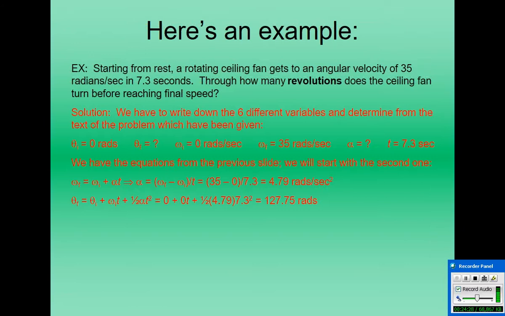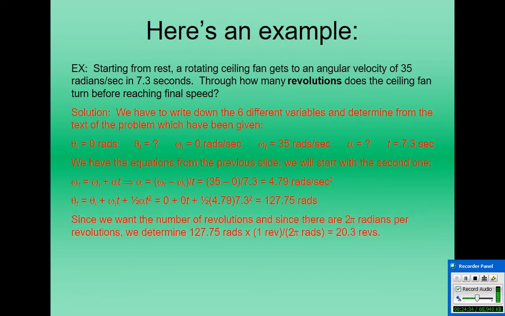So if I want the number of revolutions, I have to take the number of radians and divide by 2 pi. 1 revolution is equivalent to 2 pi radians. So if I start with radians, I divide by 2 pi, I get the number of revolutions, and in this case, I get 20.3 revolutions.